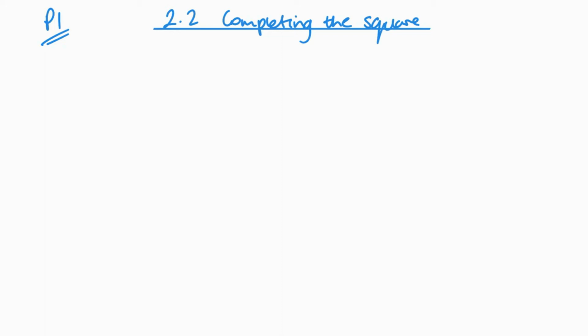Now, the easiest way to do this is to explain with a couple of questions, but before we do that, I just want to look at the principle behind it, which you need to be aware of when we square a bracket.